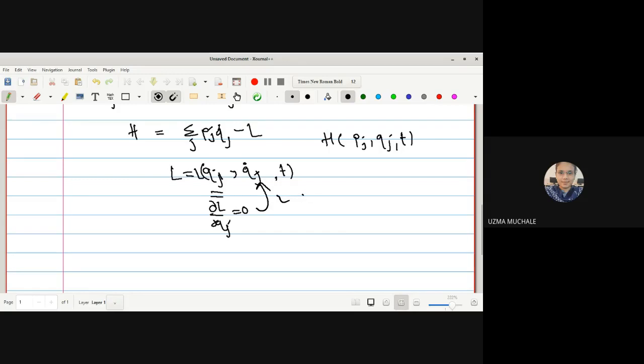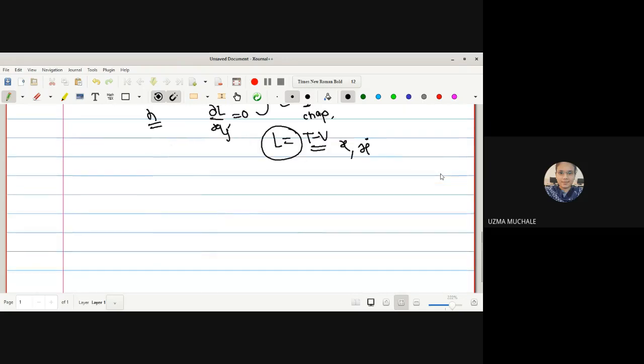You can go back to your first chapter and check many of the examples we have solved, where L is equal to T minus V. Sometimes x was not present, but x dot was present in the value of L. So if qj is cyclic, no doubt we still have to deal with qj dot, so again we deal with n coordinates. But here, if qj is cyclic in L, the corresponding pj is a constant. So now we have to deal with only n minus 1 generalized coordinates.